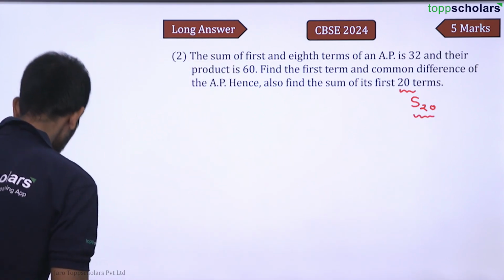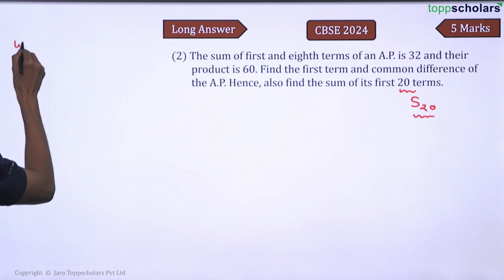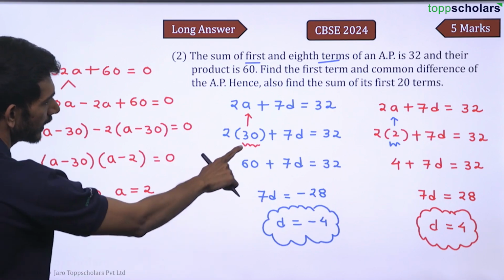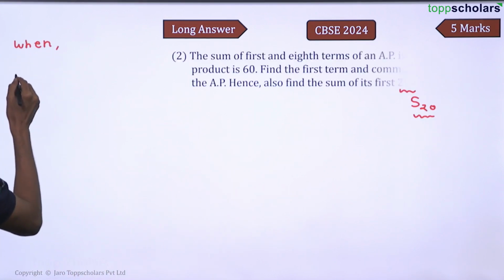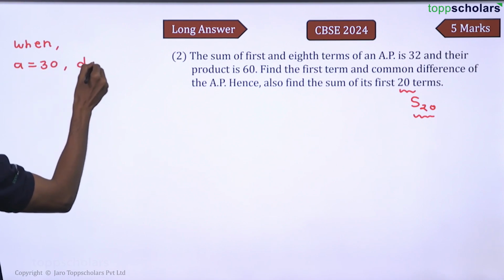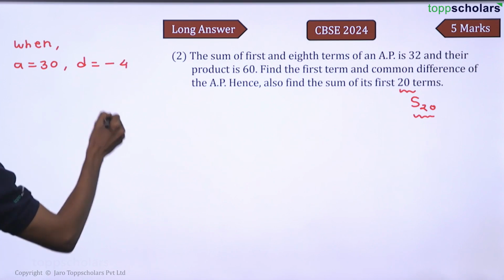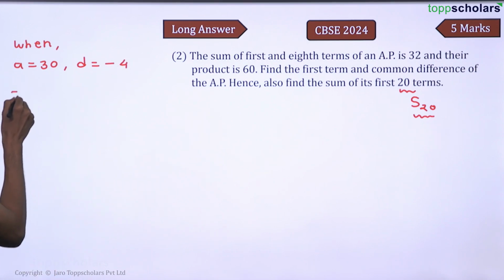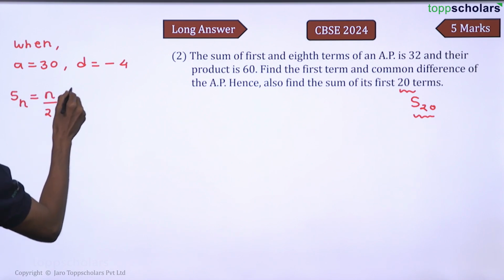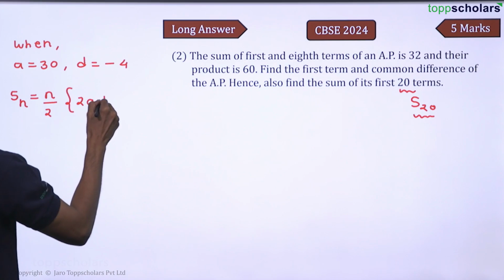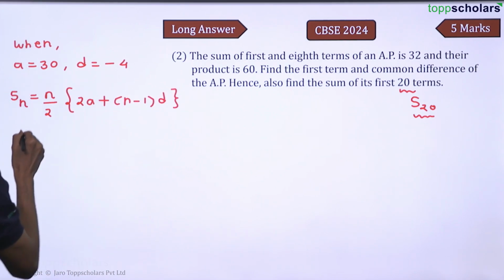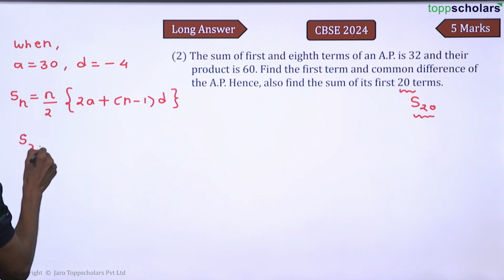Right? So we can say when A is 30, D is minus 4. What will be S20? We know that Sn is equal to n by 2 into 2a plus n minus 1 into d.